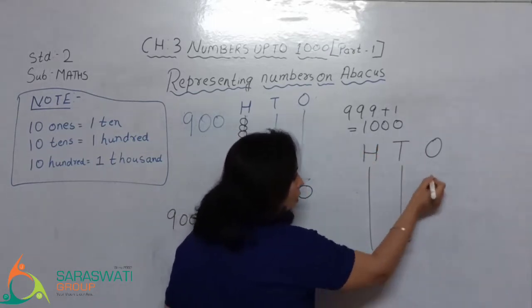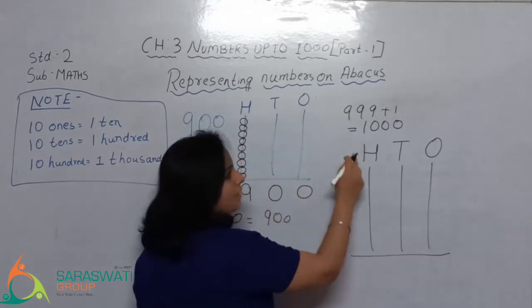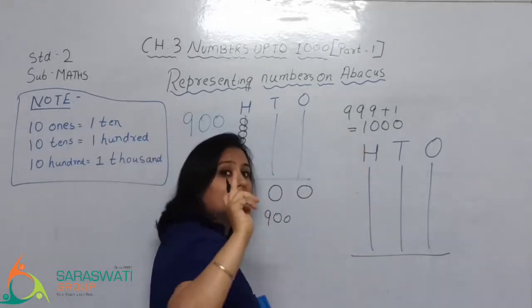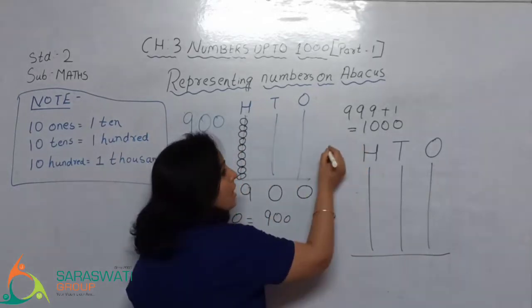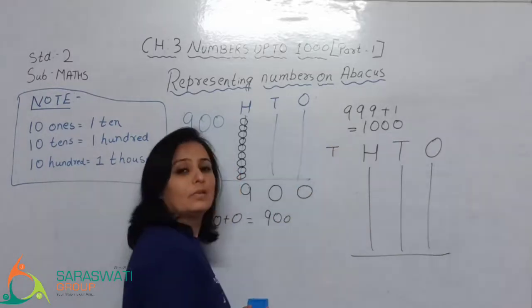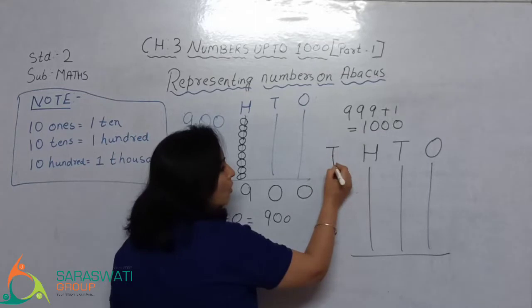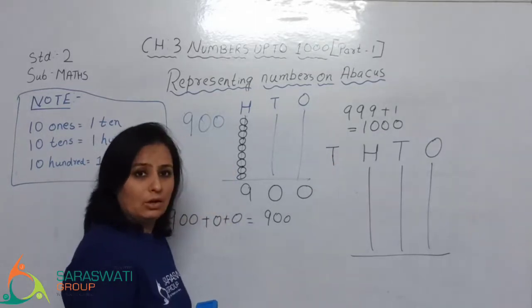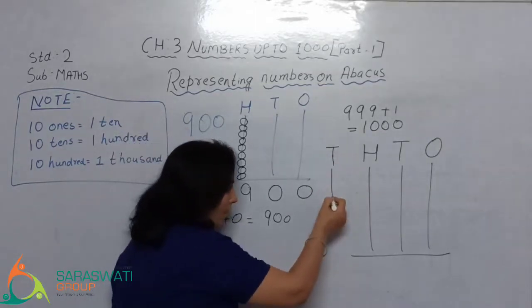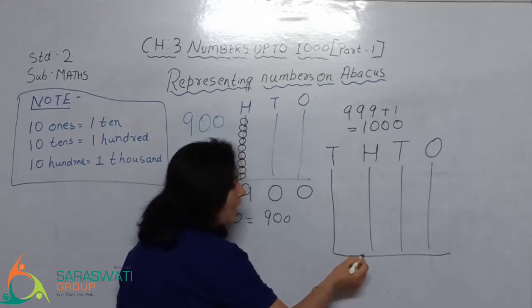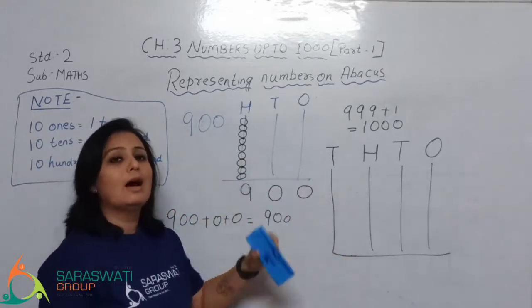Till this we have already learned, and this is one more. That will be termed as 1000. उसको आप क्या बोलोगे? 1000. और 1000 का आप क्या लिखोगे? T. Okay. So एक और रोड आप इंक्लूड करोगे, and that will be termed as 1000.